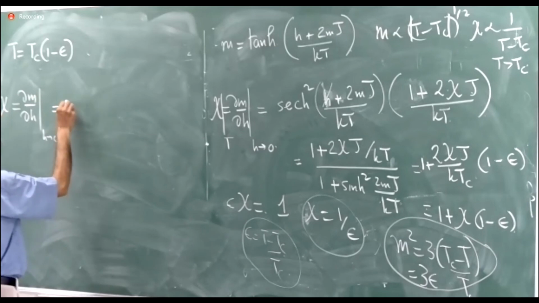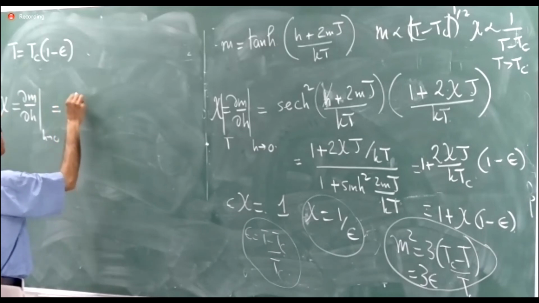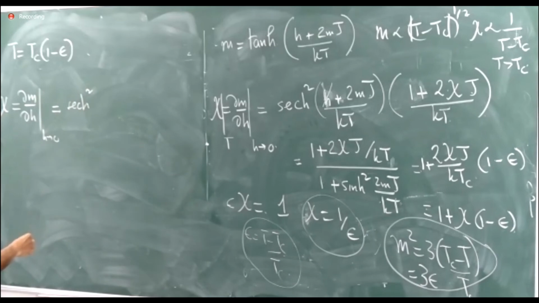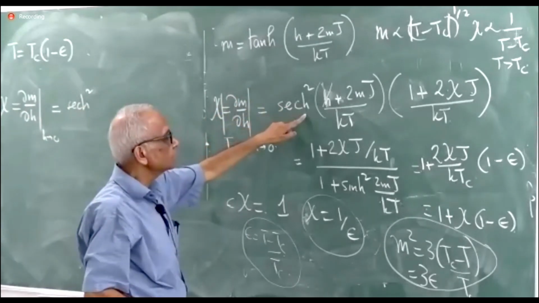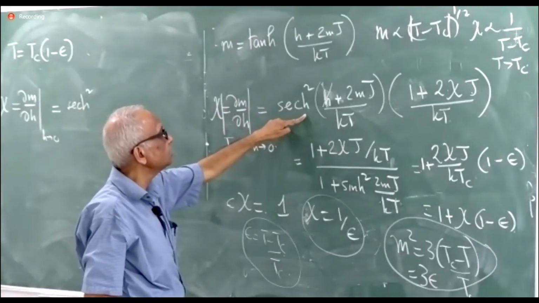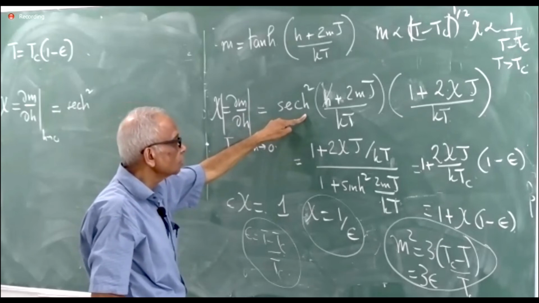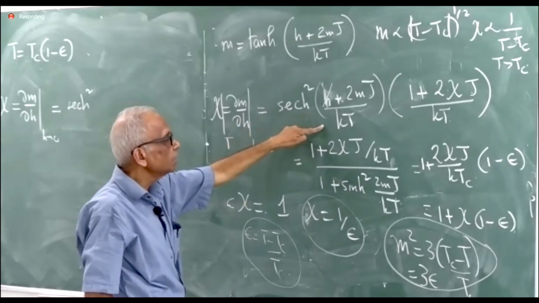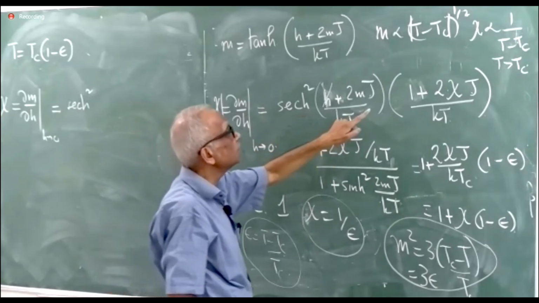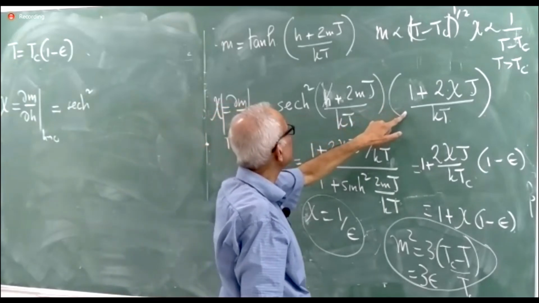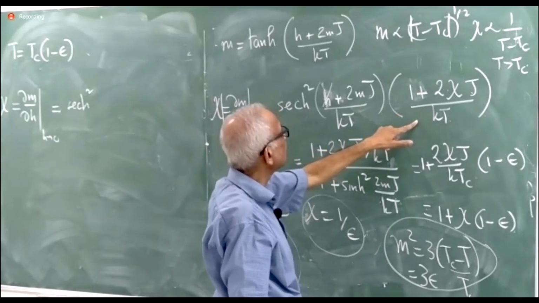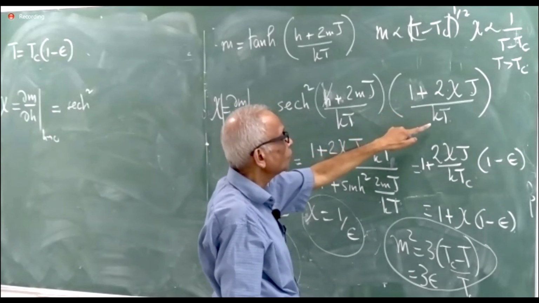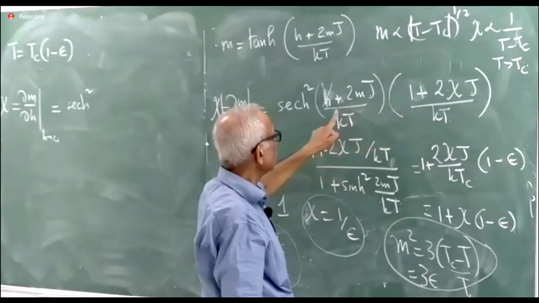So this is equal to, that part is quite all right, which is h. So m is equal to tanh of this. Just trying to make sure how much I can borrow from here. So it is sech squared of h plus 2mJ by kT, and here is the derivative, 1 plus 2 chi J over kT. So everything looks right.